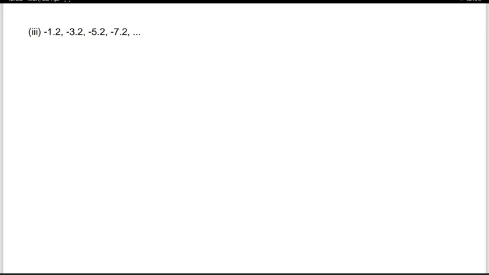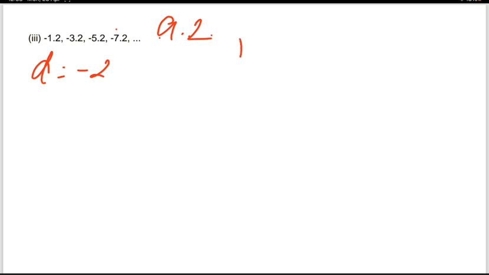We found the common difference to be minus 2. To write three more terms, just continue the pattern: 7 plus 2 is 9.2, 9 plus 2 is 11, that is 11.2, and 13.2. So these are the three more terms.